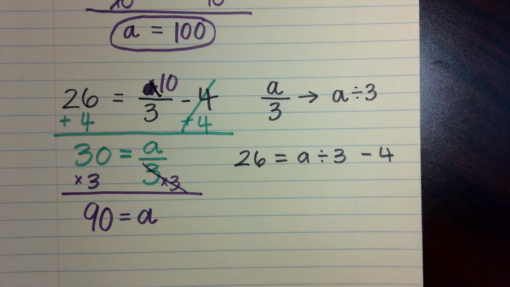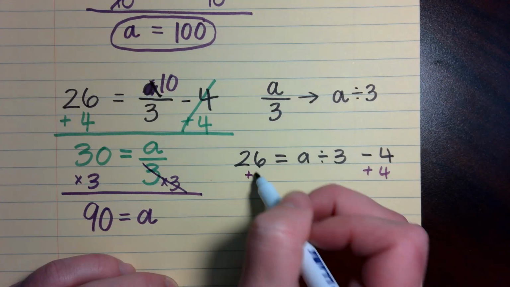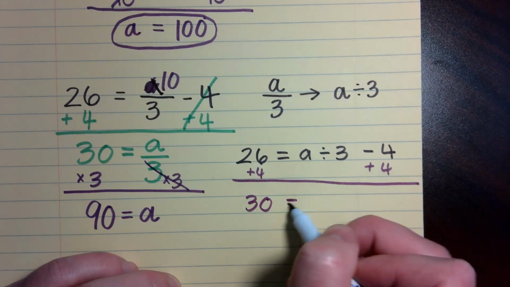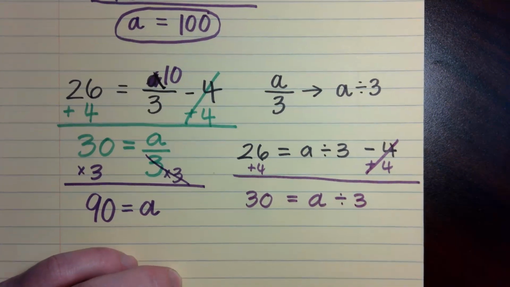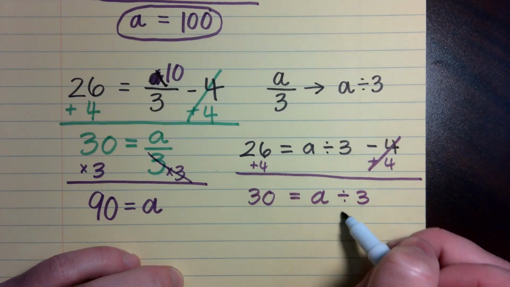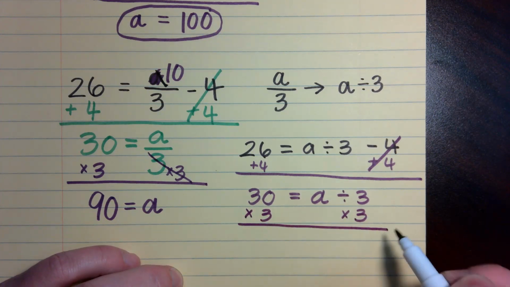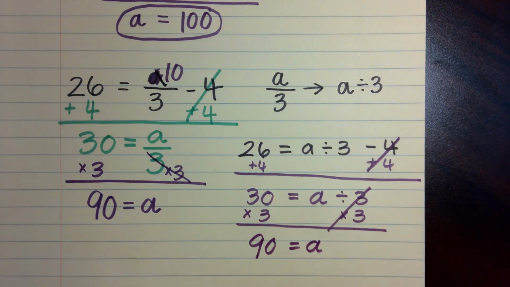I'll work this out real quick so you can see. I did the plus 4, and I got 30 equals A divided by 3. Then I know, okay, division, I'm going to multiply. My 3's cancel. 90 equals A. Does that make sense?